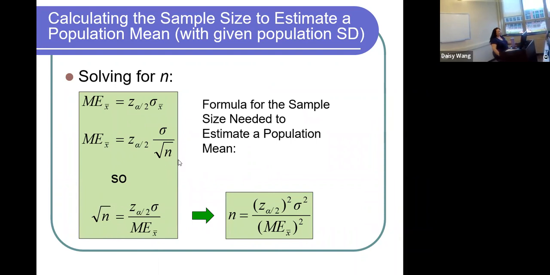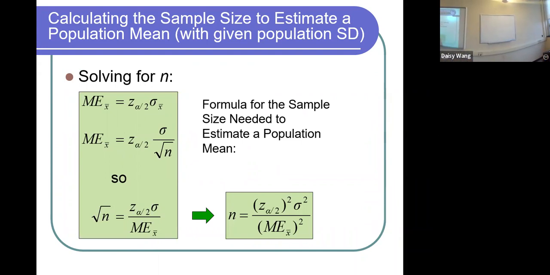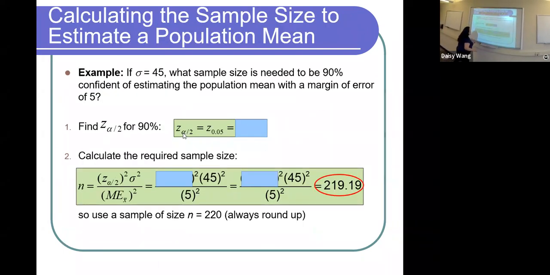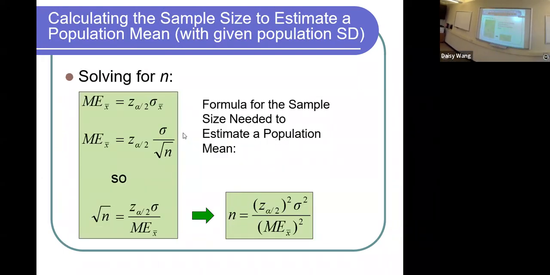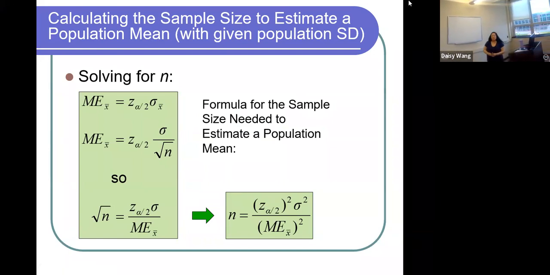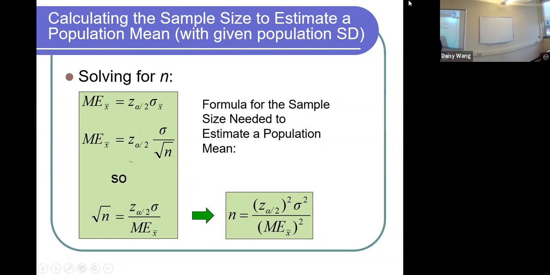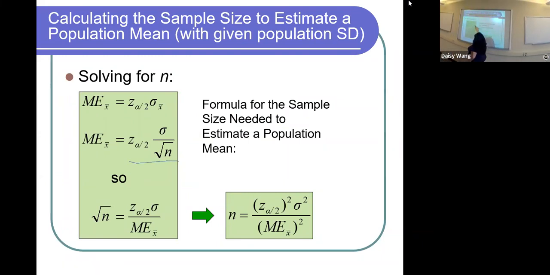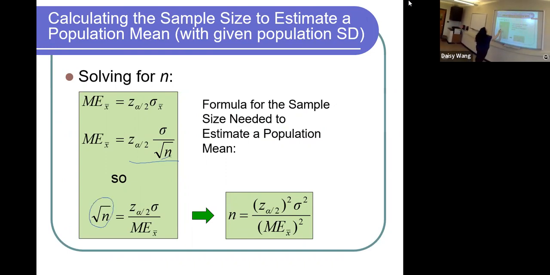When you move around your formula like this, here the margin of error is d times sigma divided by the square root of n. If we multiply both sides, this would be here, and then we move this here.